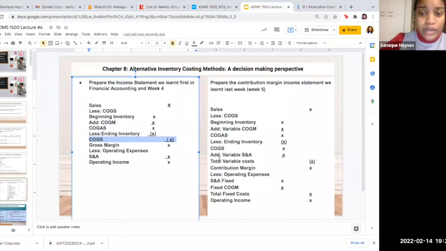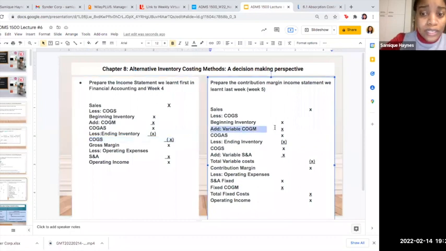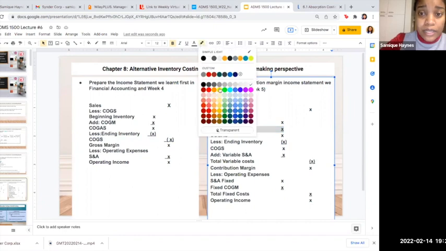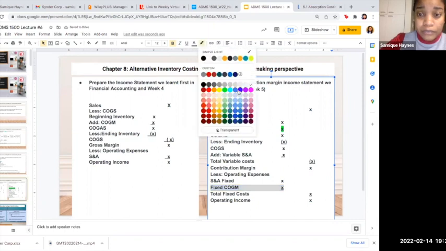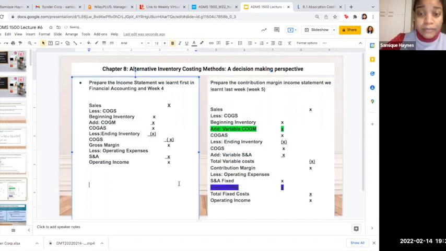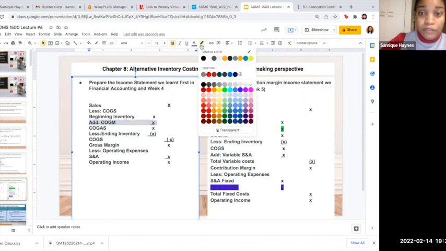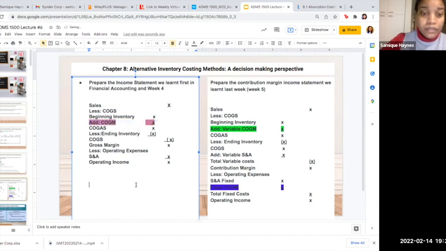But then what we notice on this side is that for this one, it's only a variable cost of goods manufactured. They separate it. So this piece up there and this piece down here, it's separated. But for this one, they just put all of the cost of goods manufactured together right there. Can we see that difference?